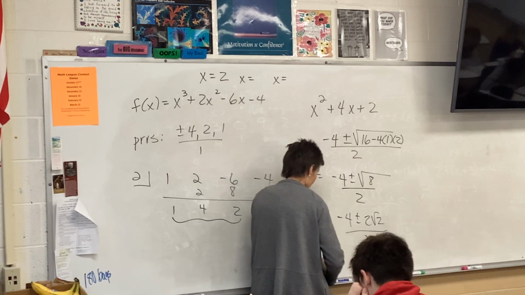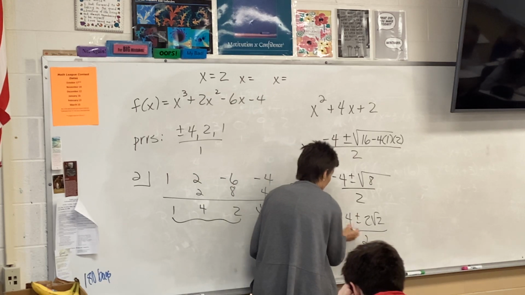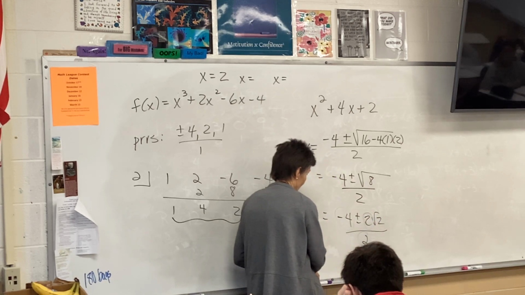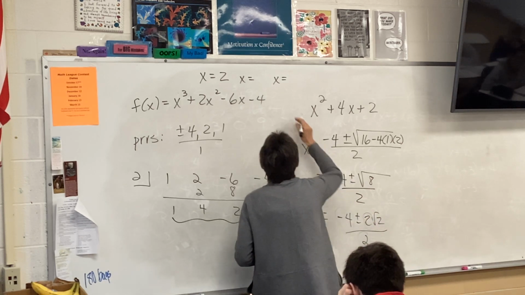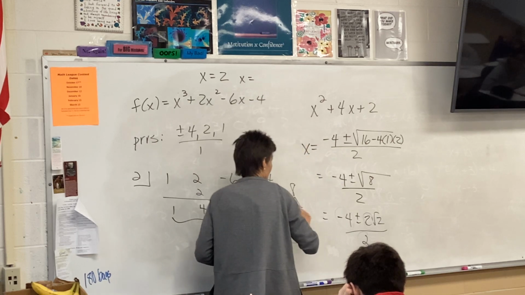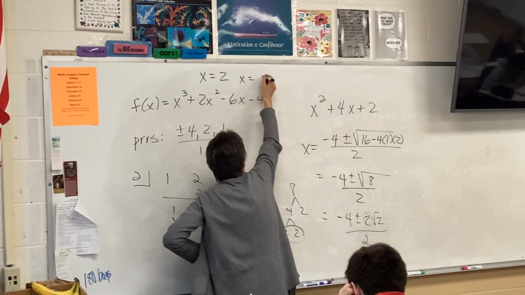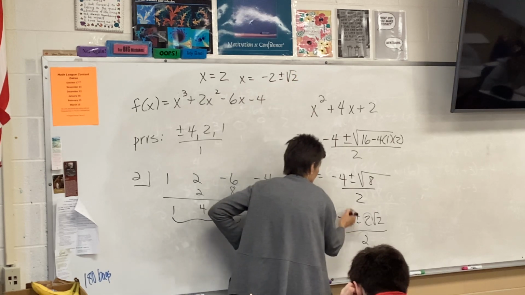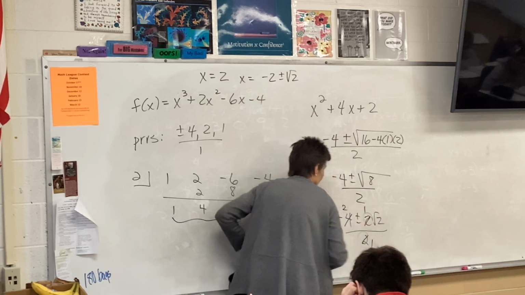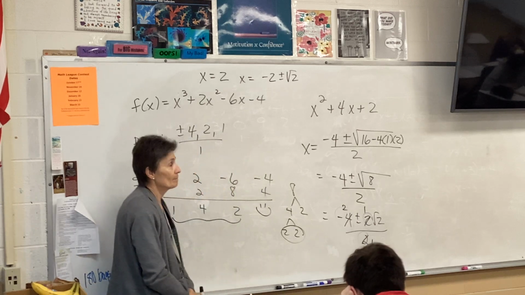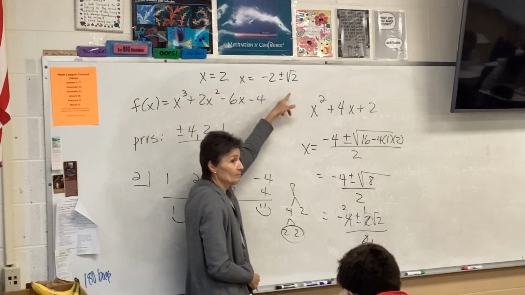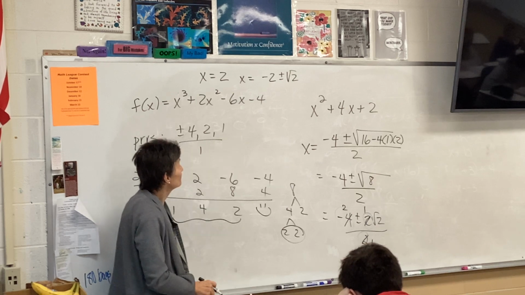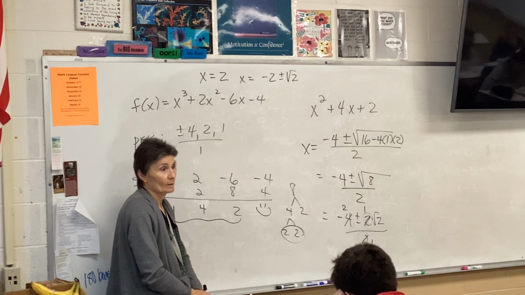See how all of these are divisible by 2? So what are my other two answers? Negative 2 plus or minus root 2. And that's two answers there. You can write them separately or you can write them like that, that's fine.